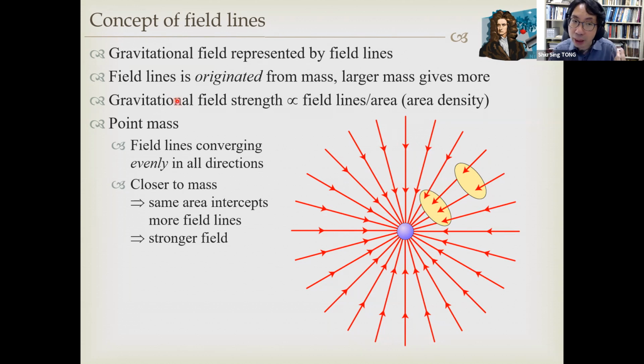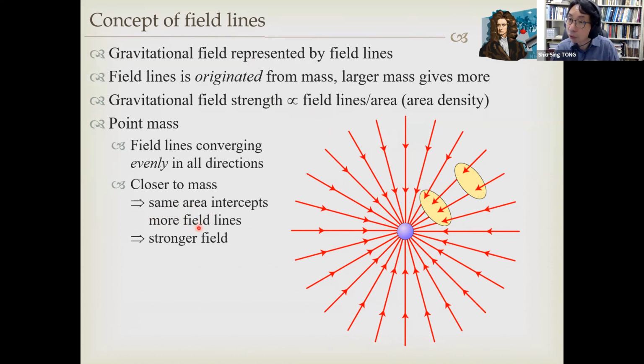So if I represent the gravitational field strength by the field line density, I will have to say the gravitational field strength here is double that of the original position. That is how I represent the field strength. When the field lines are getting close, when you have more field lines intercepting the unit area, you have a stronger gravitational field.